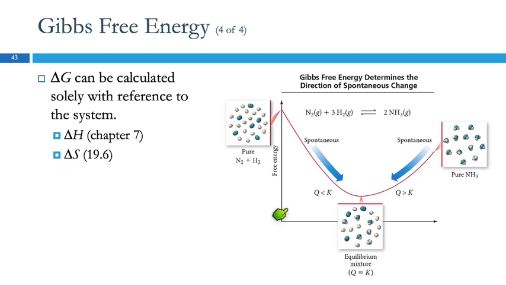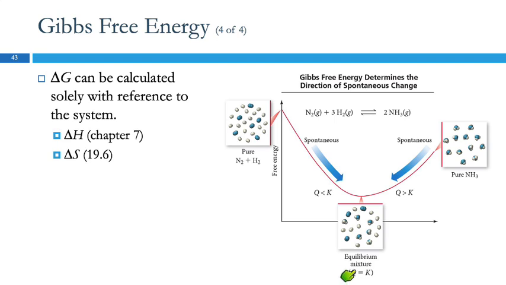So if we're looking at free energy, Gibbs free energy being higher, and this is concentration changing. So here we have pure reactants, here we have pure product. It's going to go somewhere in the middle, right? It's going to be an equilibrium, and we learned about the equilibrium constant and the reaction quotient, right?